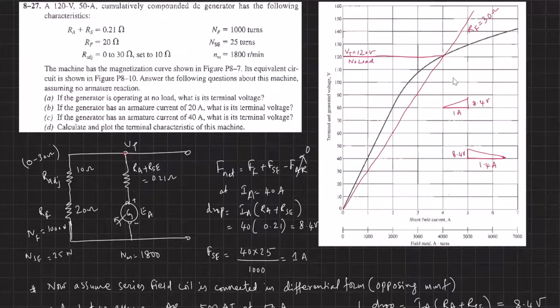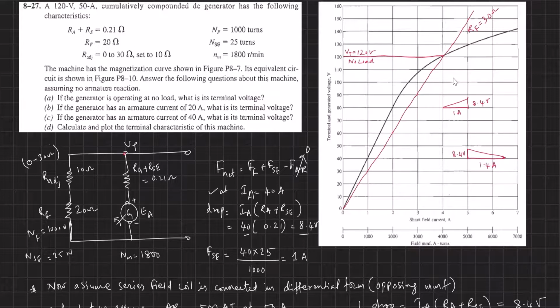Okay, the next part is to determine the terminal voltage for an armature current equal to 40 amps. Now we first calculate the IA RA drop. So IA is equal to 40 and RA plus RSC is 0.21 ohms given.